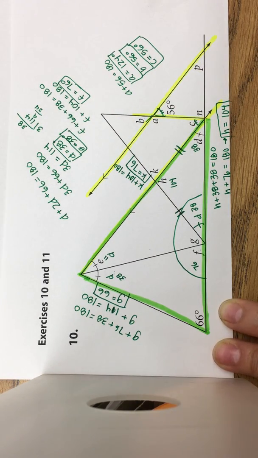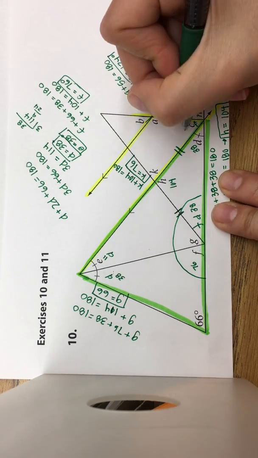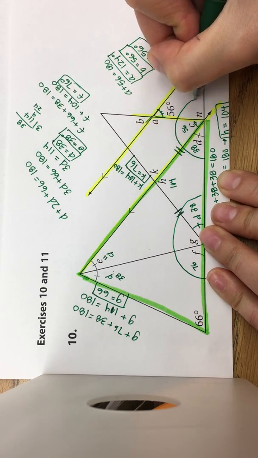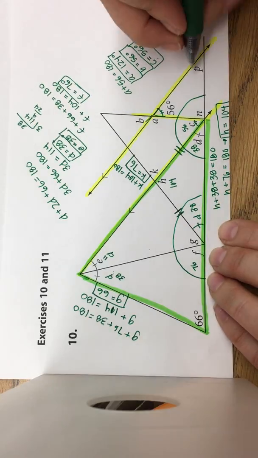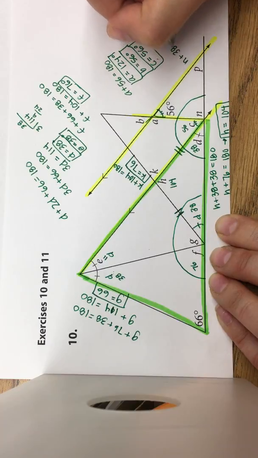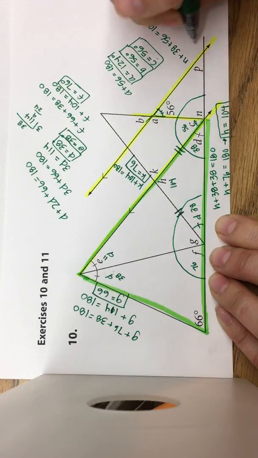What's left? It looks like N and P. So N is a part of a linear triple, so I know that C is equal to 56 degrees, and these three angles right here create 180 degrees from a linear triple. So we have N plus 38 plus 56 equals 180 degrees.